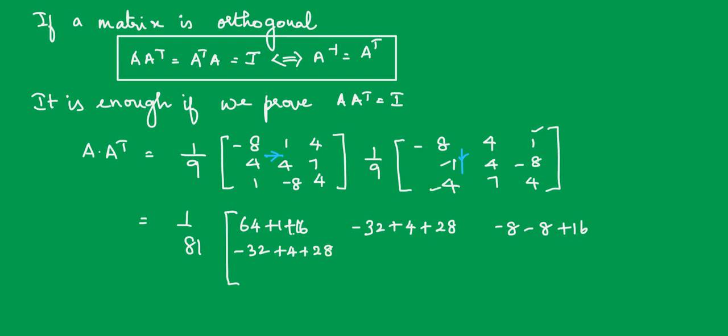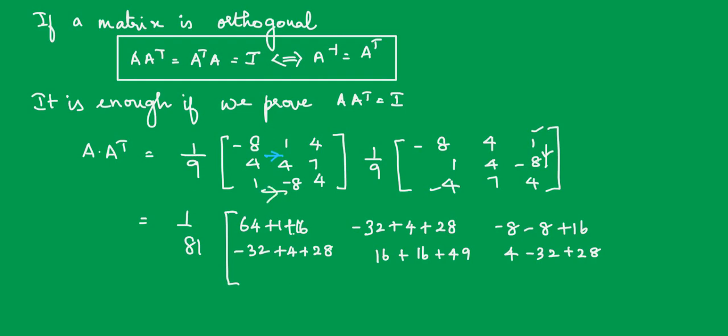So second row, first column is over. Next second row, second column: 4 into 4, 16, plus 4 into 4, 16, plus 7 into 7, 49. Similarly, the second row, last column: 4, minus 32, plus 28.